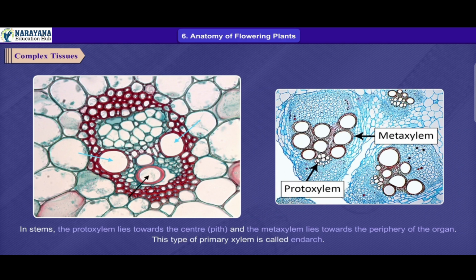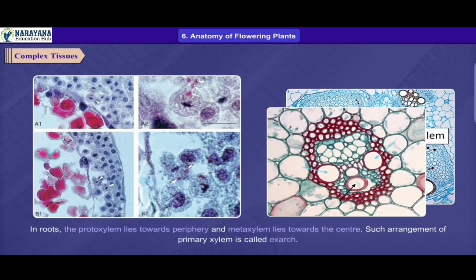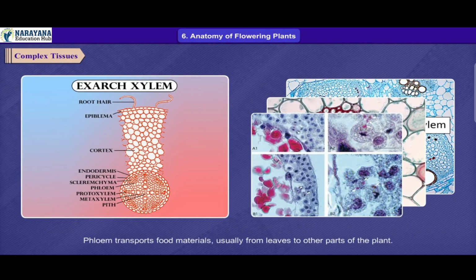This type of primary xylem is called endarch. In roots, the protoxylem lies towards the periphery and the metaxylem lies towards the center. Such an arrangement of primary xylem is called exarch.